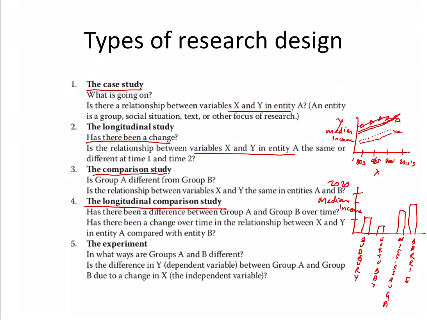So what we've done is we have looked at the variation in the dependent variable, not just at one point in time, but multiple points in time. So this is called a longitudinal comparison study.